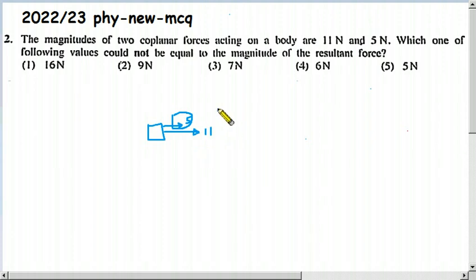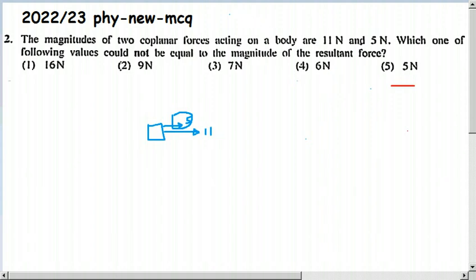So the resultant could not be equal to this smallest force or less than that. Therefore the resultant could not be 5 Newton, and even below that, 4, 3, 2, such values can't be the resultant. So the answer is this one.